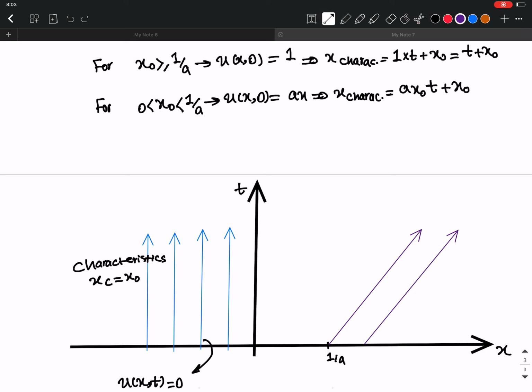Then all of them are going to be similar, a line with slope 1, right?